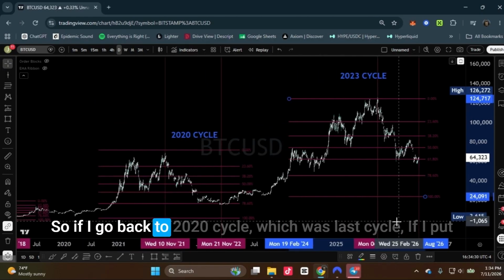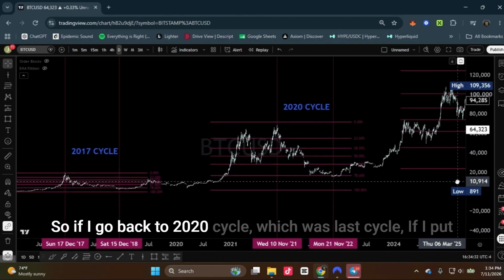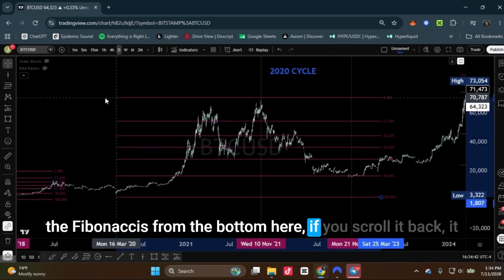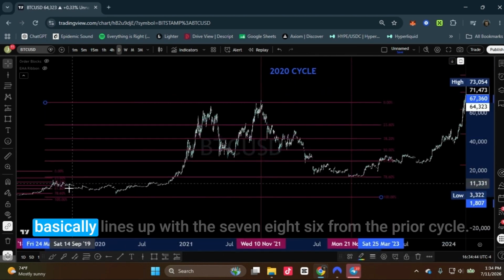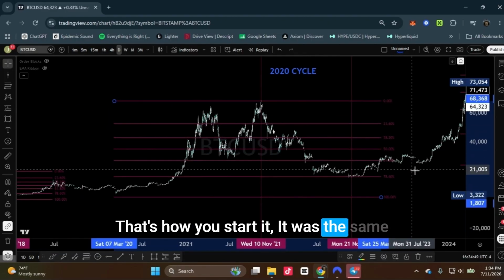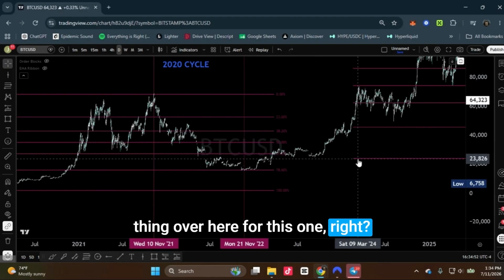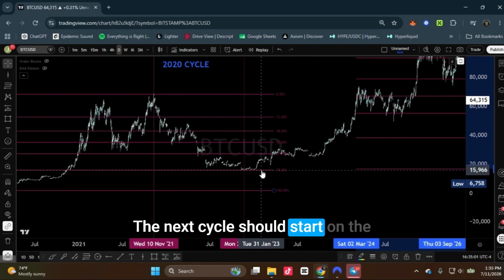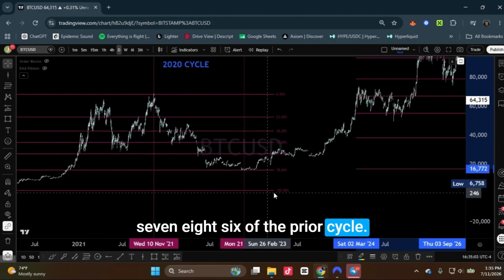If I go back to the 2020 cycle, which was last cycle, and put the Fibonacci from the bottom here, if you scroll it back, it basically lines up with the 786 from the prior cycle. That's how you started. It was the same thing over here, right? The next cycle should start on the 786 of the prior cycle.